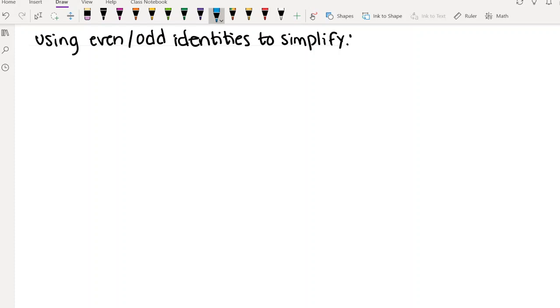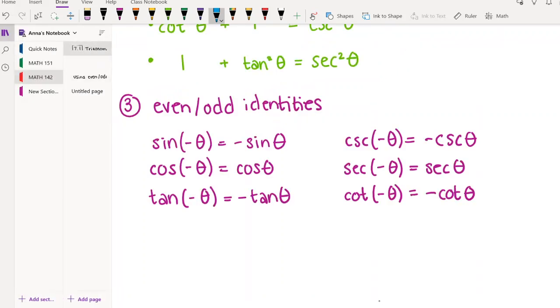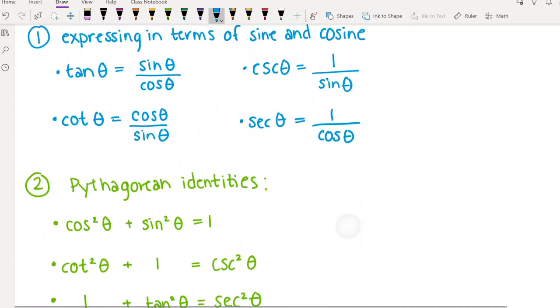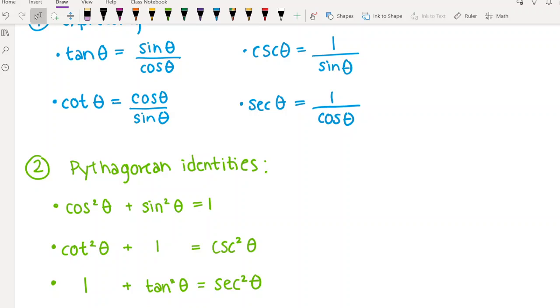This one is especially quick, but let's say that we had sine of negative x over cosine of x. The thing that I want to point out here is that all of the identities we have, going back to this first page, the ones in blue and green, are only true if the input variable is the same everywhere.